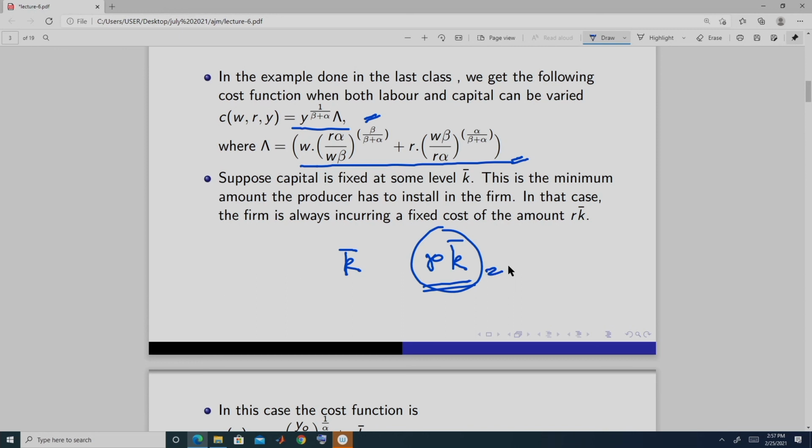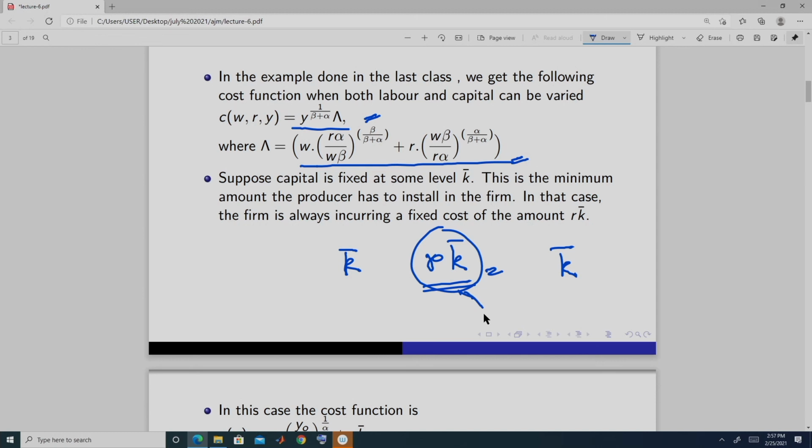Then this component, because you need some amount of capital and you know that capital is only available in suppose chunks, capital is not divisible continuously. So, suppose the minimum capital you need to have is k bar. In that case you will always incur this much amount of cost, whatever amount of output you want to produce.